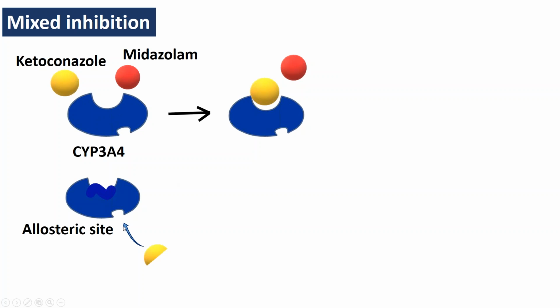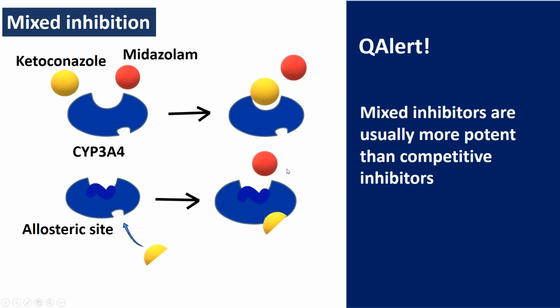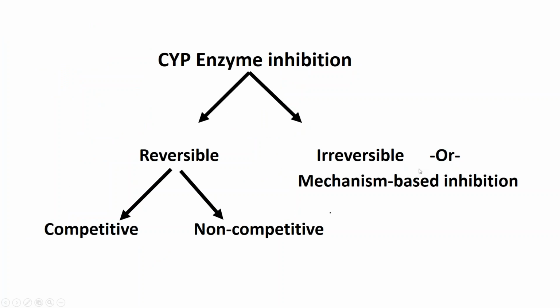Additionally, ketoconazole also binds to the allosteric site, which changes the conformation of the active site. So midazolam again will not bind, leading to a higher sedation side effect of midazolam. Generally, mixed inhibitors are usually more potent than competitive inhibitors.